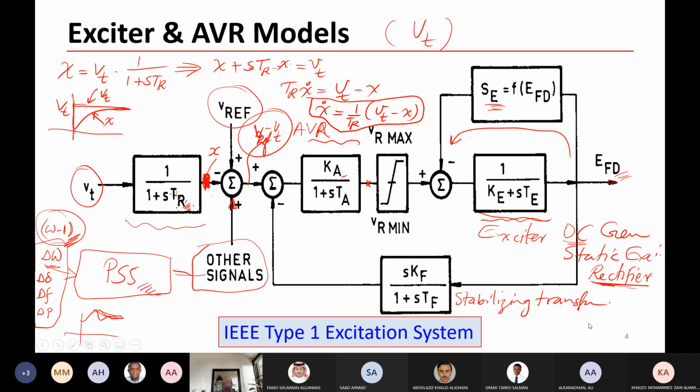You have to supply it with a DC source, or you can have a rectifier right away from the three-phase to DC value. Since we have a field winding, we may have saturation. So we may have here a saturation factor. This is the saturation factor as a function of EFD, the field voltage.